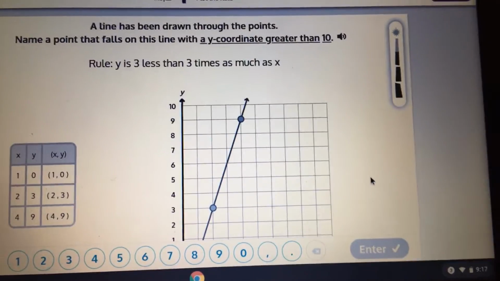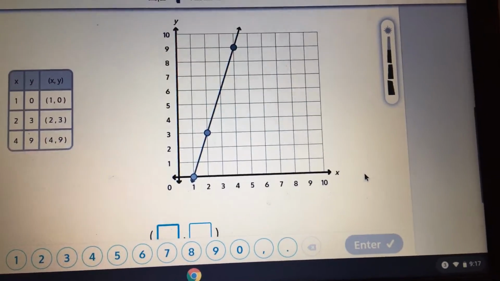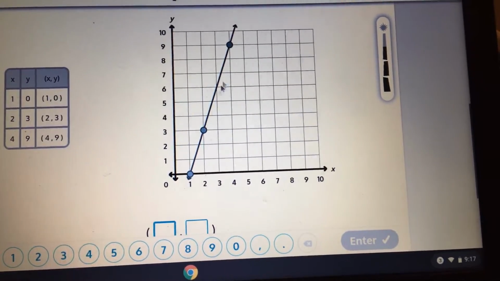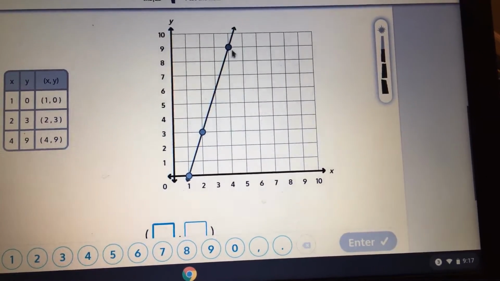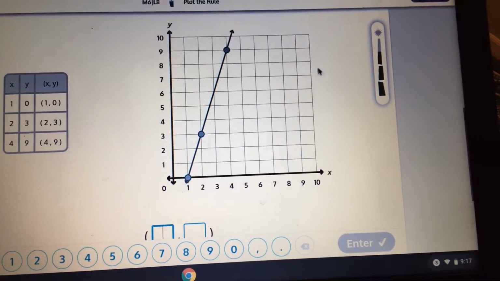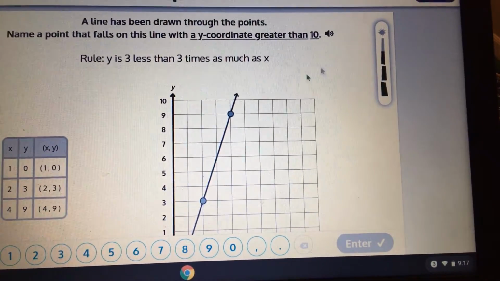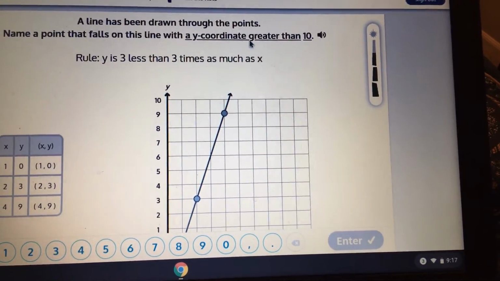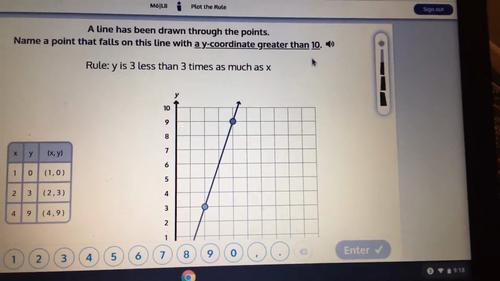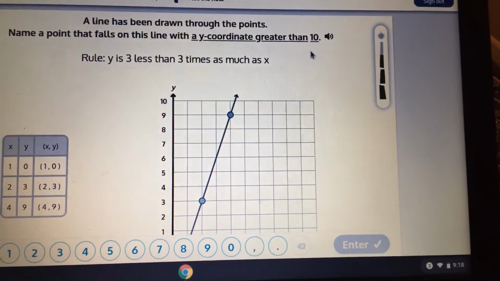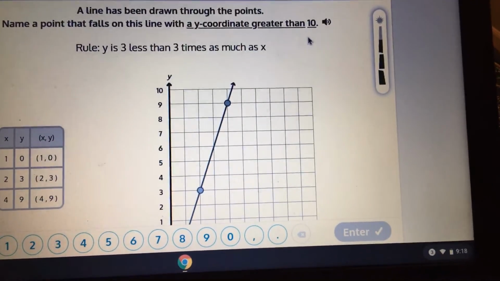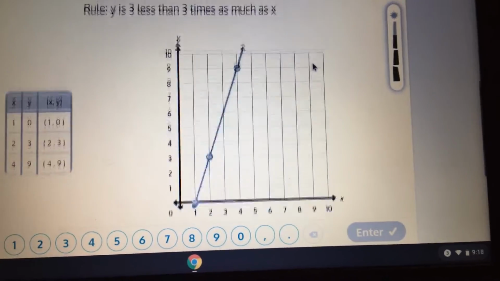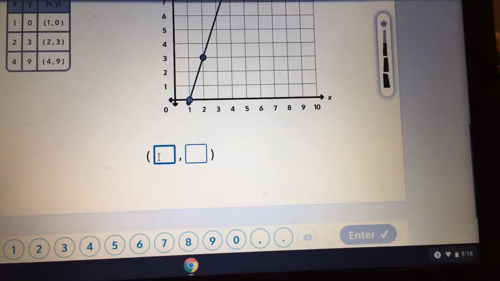Now, again, you'll notice that because all of these points follow the same pattern, they fall on the same line. So our question is, name a point that falls on this line with a y coordinate greater than 10. So it says y is 3 less than 3 times as much as x. So we could say that x is 3.